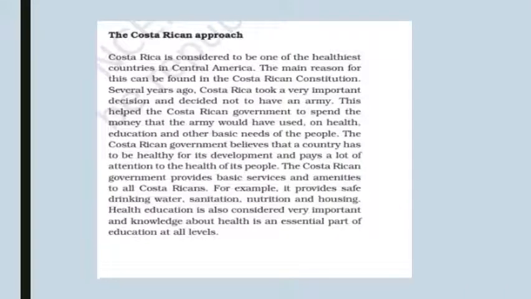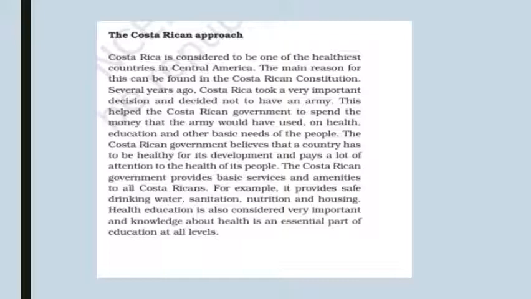Another example for you here is the Costa Rican approach. Costa Rica is one of the healthiest countries in South America. The main reason for this is found in the Costa Rican Constitution.